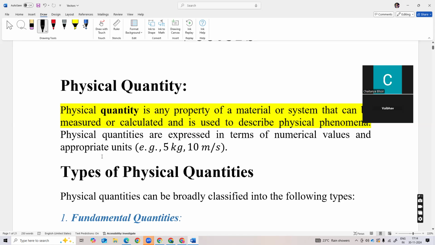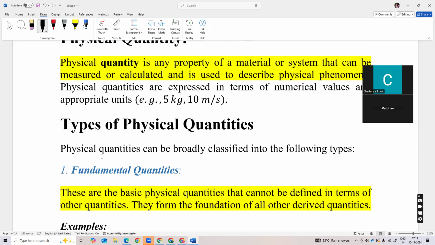So let's say it is written as 10 meter per second. Here it is representing speed, we say speed because we do not know the direction. Speed is a physical quantity. First of all, we can measure the speed of different objects, or calculate the speed of different objects.